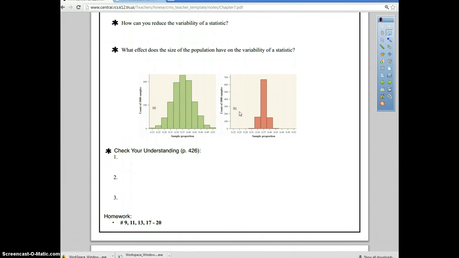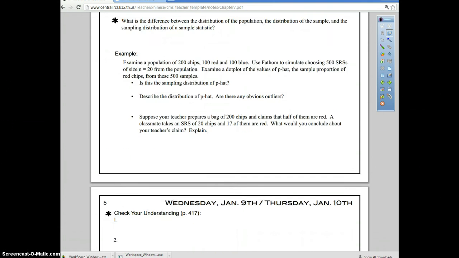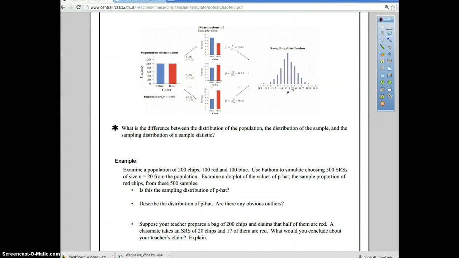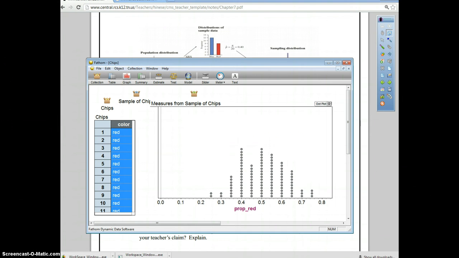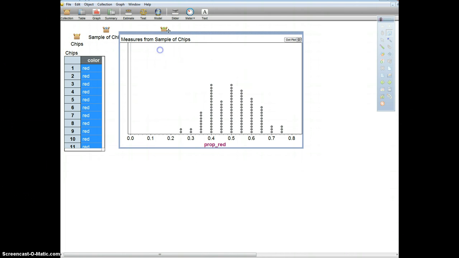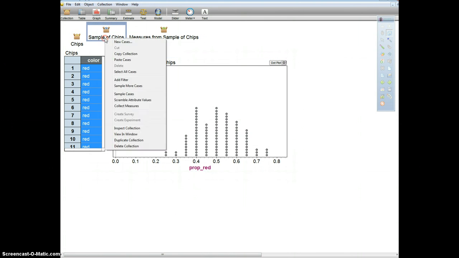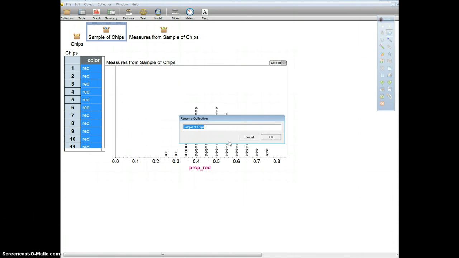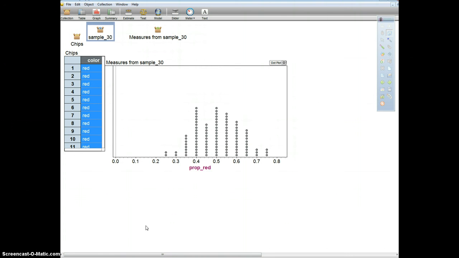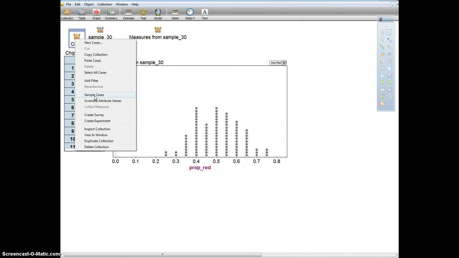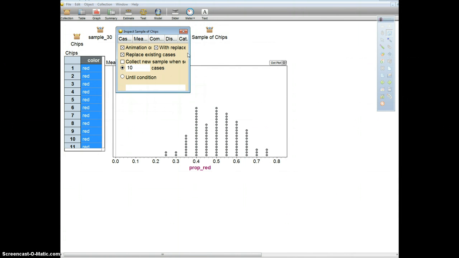Okay, I can reduce this variability by increasing my sample size. So if I go back to this, and we looked at this as being our 30 chips, I'm actually going to change the name here so that I know that this is a sample of 30. And I'm going to create some more samples that are a different size, a larger size, so we can see what happens.